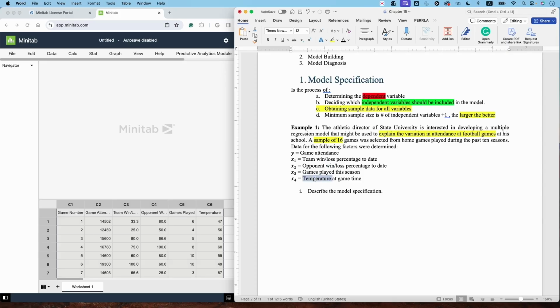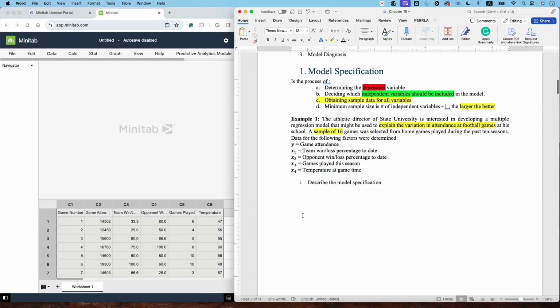Maybe I may project that if the temperature increases, it depends on the place, by the way. It depends on the state. So I cannot say anything here because I don't know the state, if it's north or south. So describe the model specification.